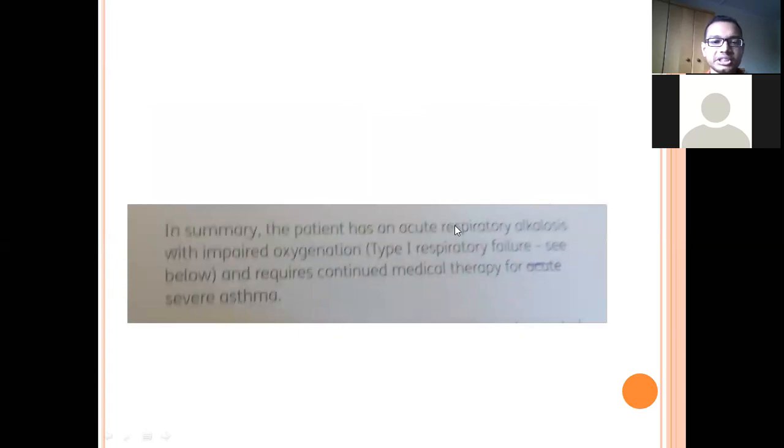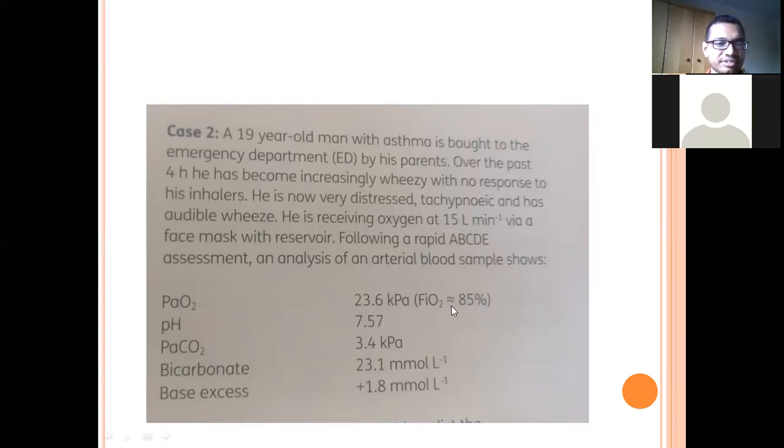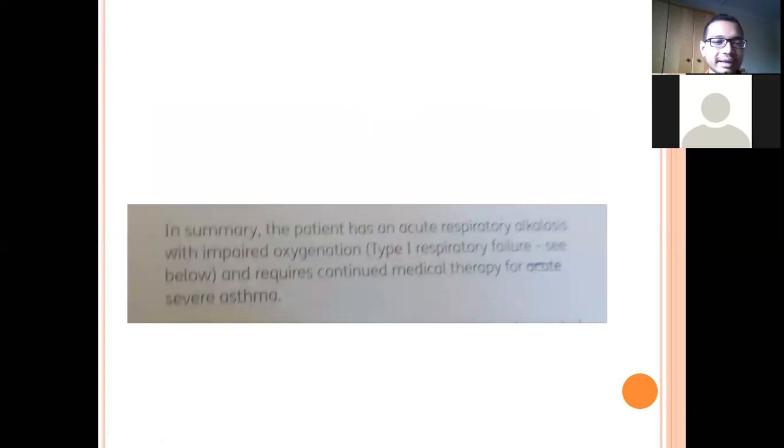So in summary, the patient has acute respiratory alkalosis with impaired oxygenation. As I said previously, with 85% we expect it to be less than 10 lower, that means 75 kilopascal at least, but it's less even though we are giving such high oxygen. So it's impaired oxygenation. The full diagnosis is with impaired oxygenation, and it's type 1 respiratory failure.